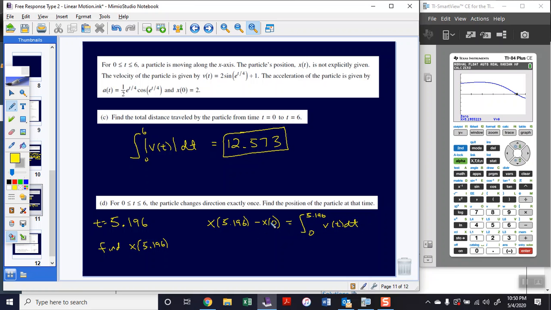Now, we happen to know x of 0. So in addition, I can solve for x of 5.196 by adding x of 0 to the other side. I'm going to do that now.